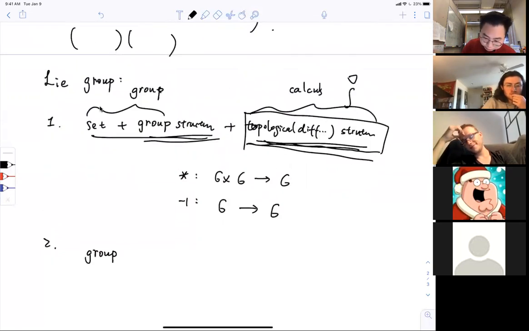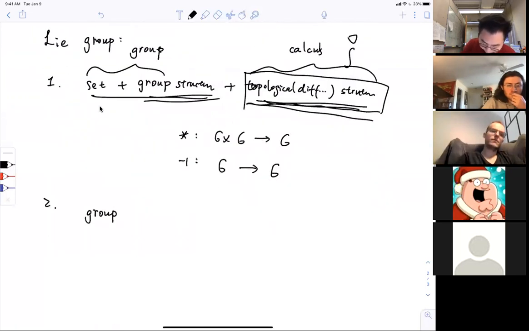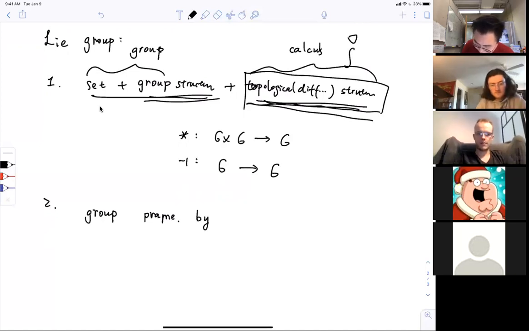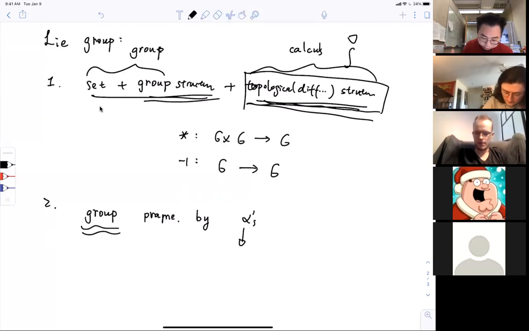For example, SO2 is a group that can be parameterized by a parameter alpha, and the possible values, or the parameter space, is what we call the manifold of this Lie group.